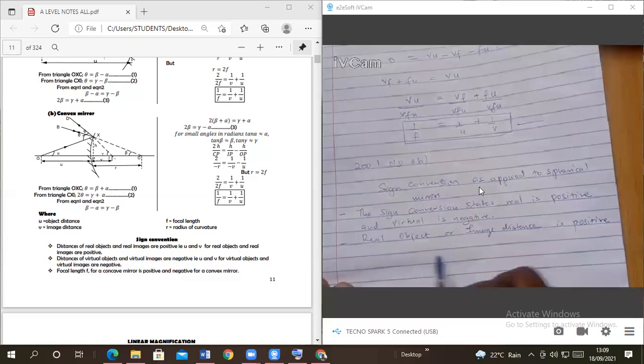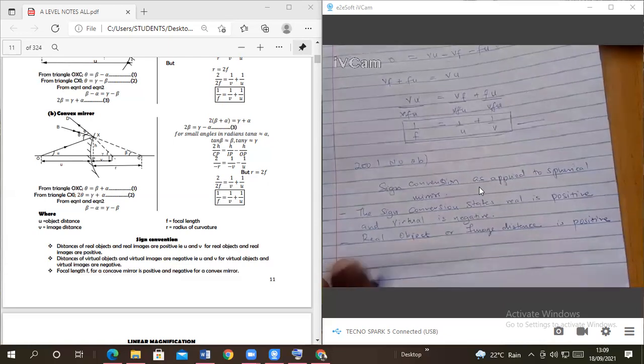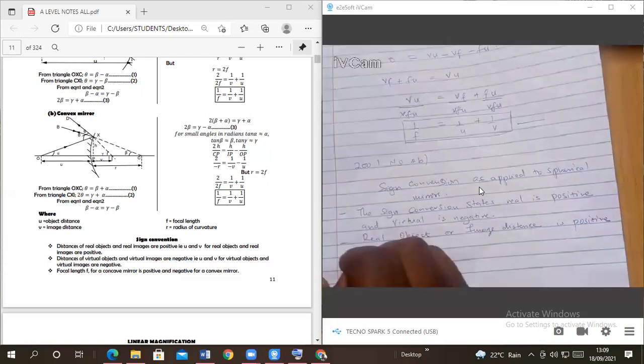So if the object or the image distance is real, then it is a positive distance. That's what you should know.